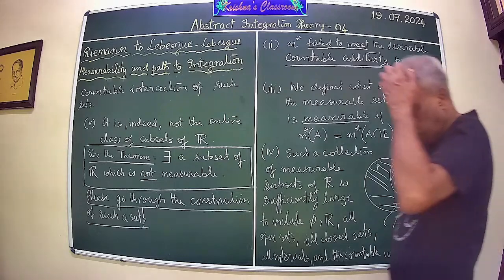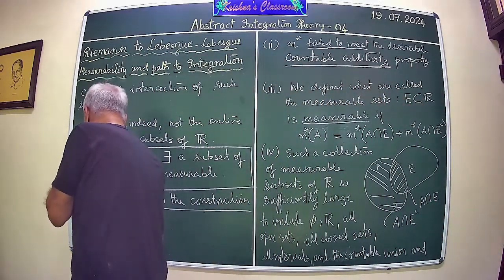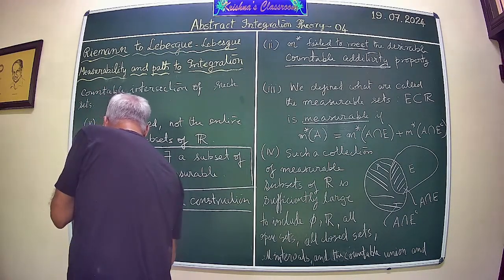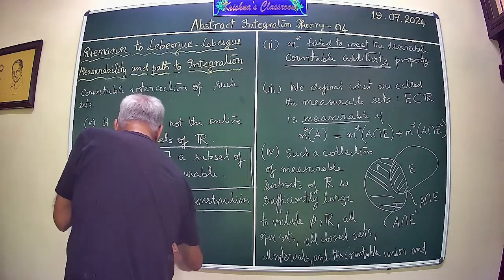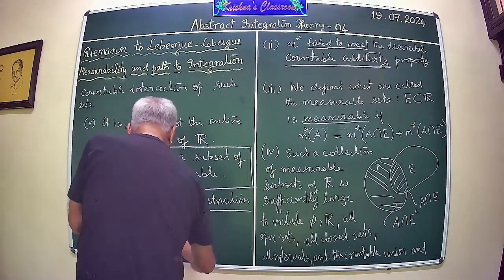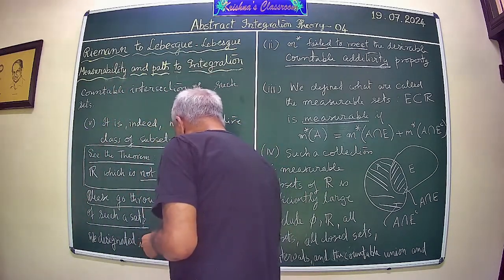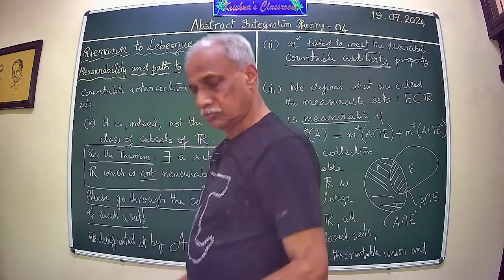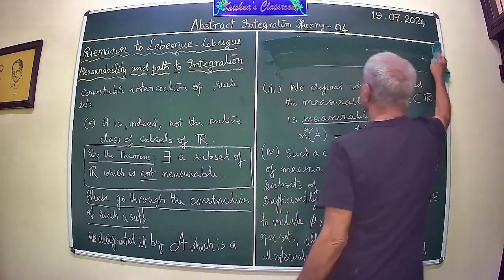Okay, so we have got now a class and we designated it script A, which is a sigma algebra of subsets.